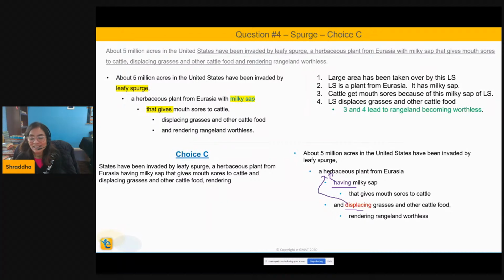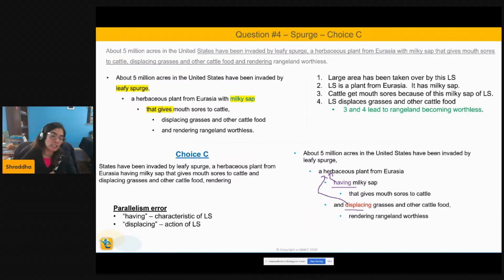However, the parallel list is not logical, because having is presenting a quality, a trait, a feature, a characteristic, but displacing is actually talking about an action done by leafy spurge. We cannot have a characteristic and an action parallel like this in the sentence.